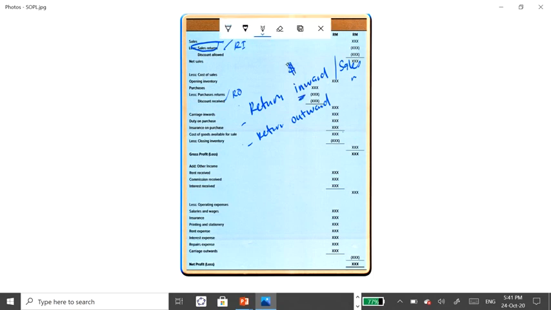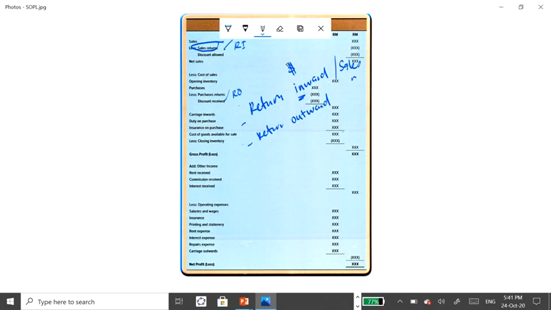Duit masuk. Siapa yang bagi you duit masuk? Customer. So, bila customer, it will relate with your sales. So, kalau return inward, it is referring to sales. Okay? Ini macam mana I remember lah.